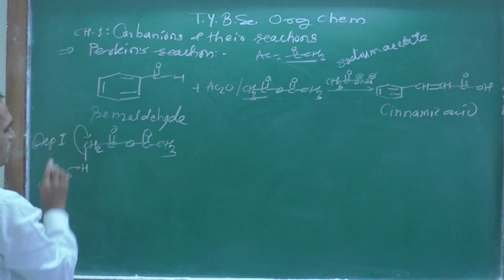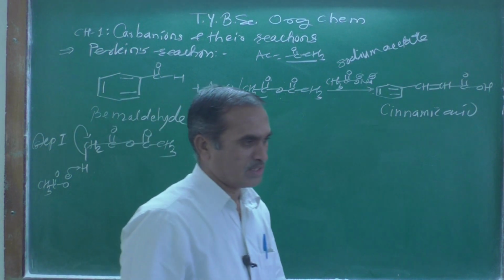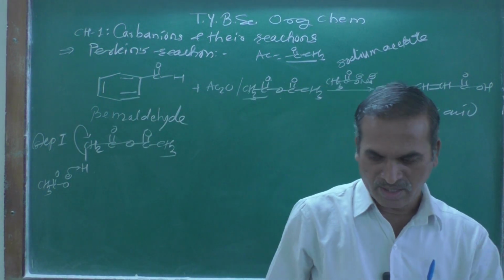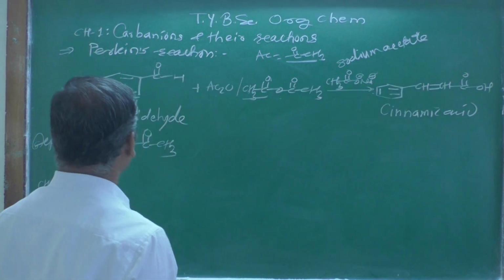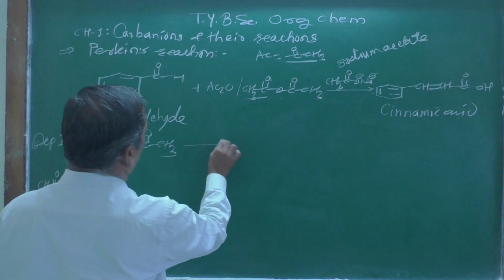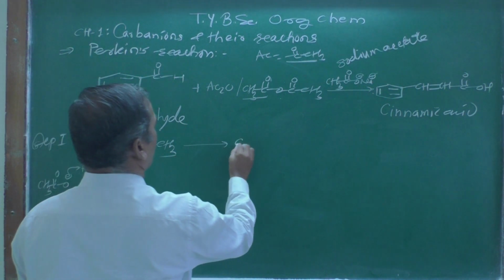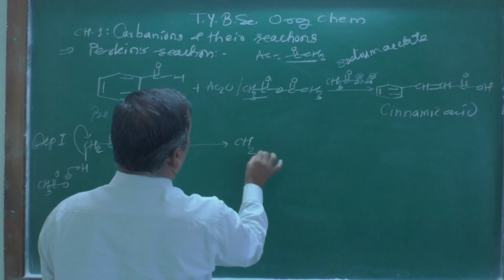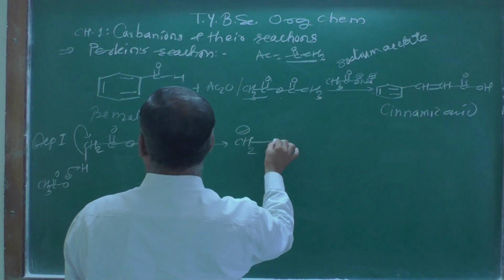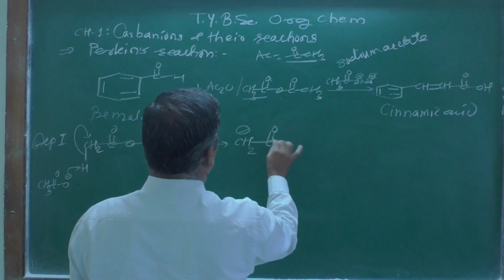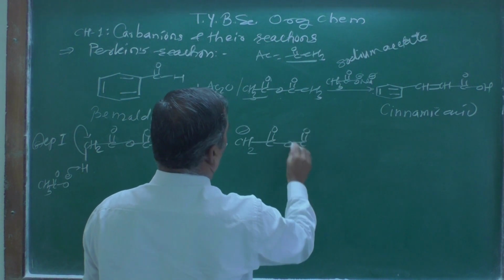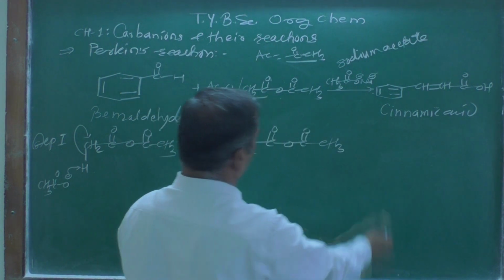This mechanism involves, I think, 3 steps. Let's see. In the first step, formation of the carbanion, CH2 minus charge over there, and then C double bond O, C double bond O, CH3.